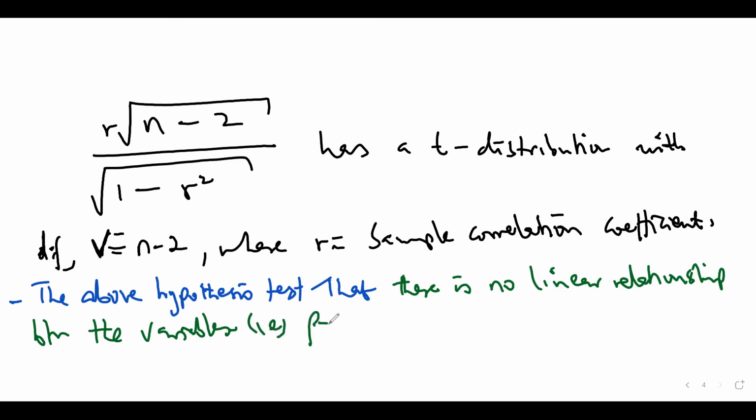That is, rho is equal to 0, as indicated in the null hypothesis. There is no relationship, which means their correlation is 0.